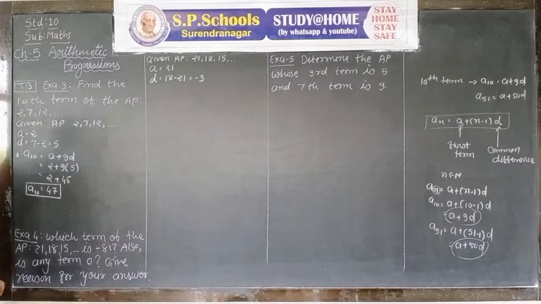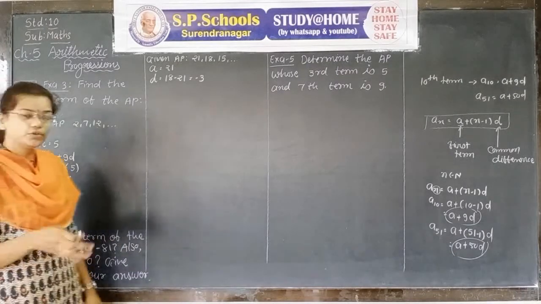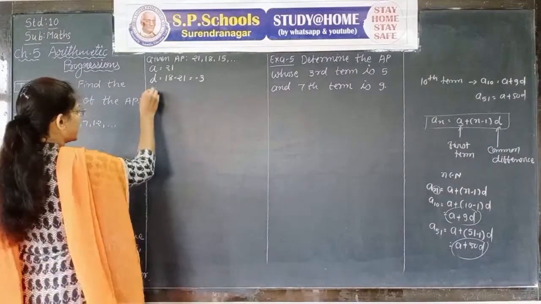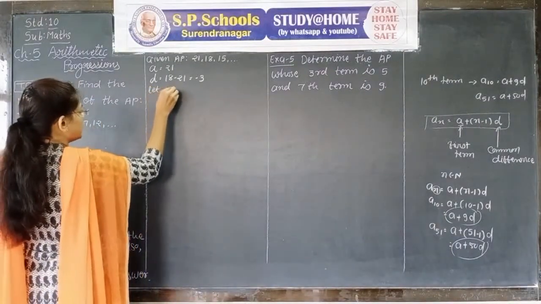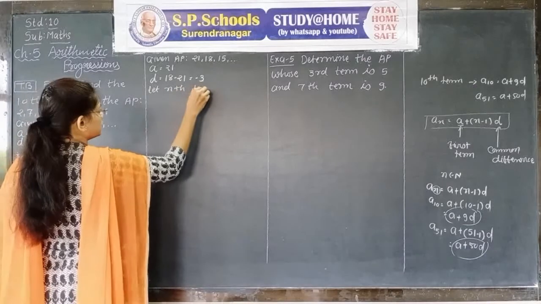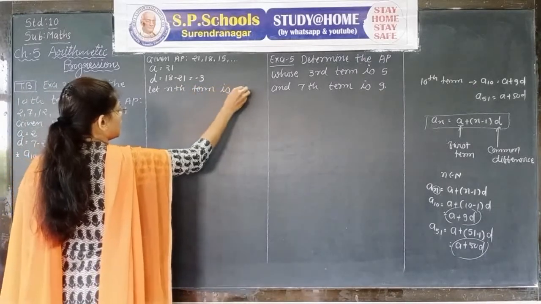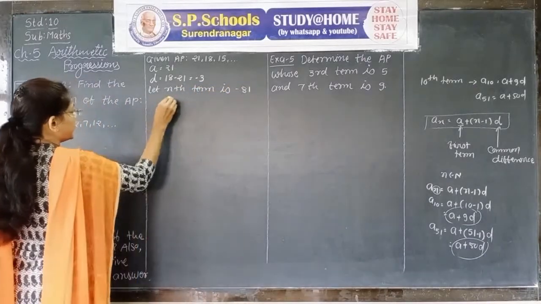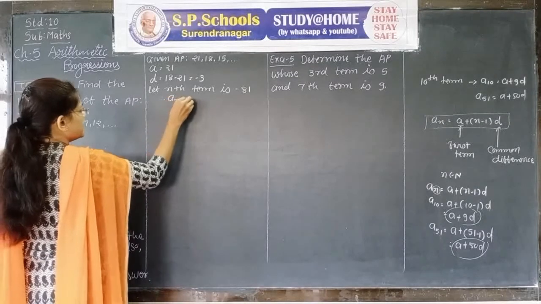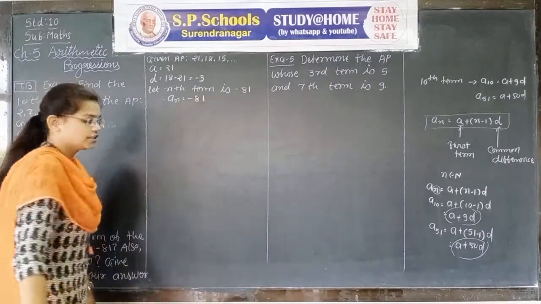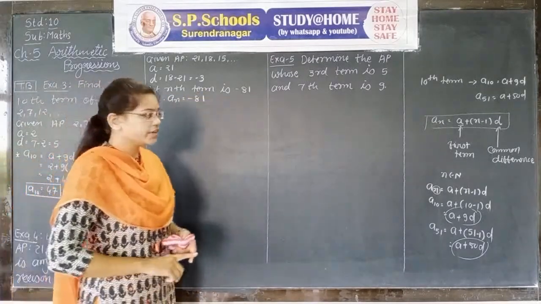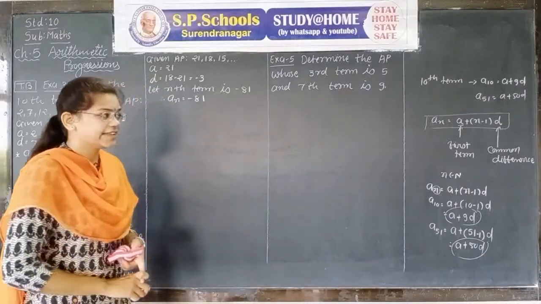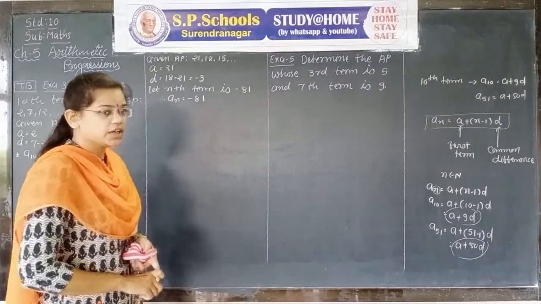Now what is our question? Which term of this AP is minus 81? We don't know which term. Let us take it as the nth term. Let the nth term be minus 81. That means an equals minus 81. We use the formula to find the nth term, a plus n minus 1 into d.